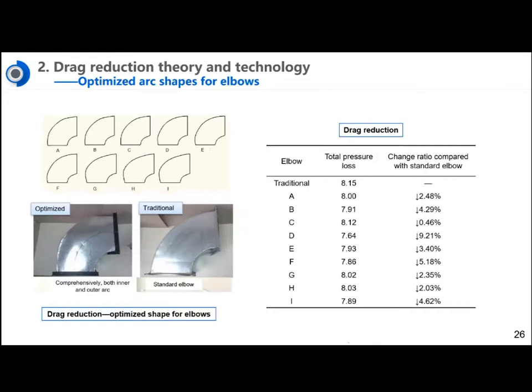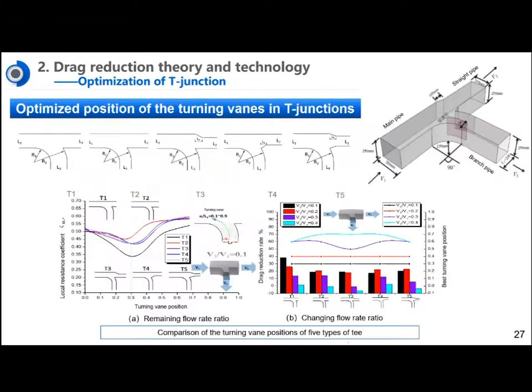On our low left is the optimized airballs. On our low right is the traditional airballs. You can find the different shapes and different drag reduction rates. From this table, we can find the best result is 9.21%, the drag reduction rate.